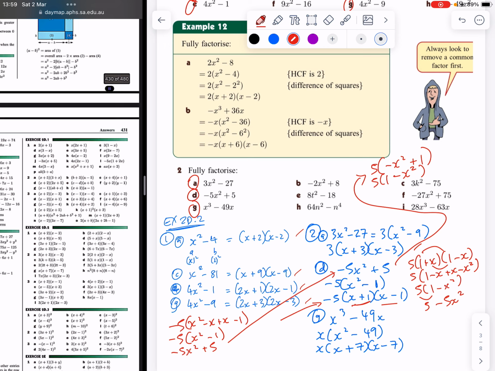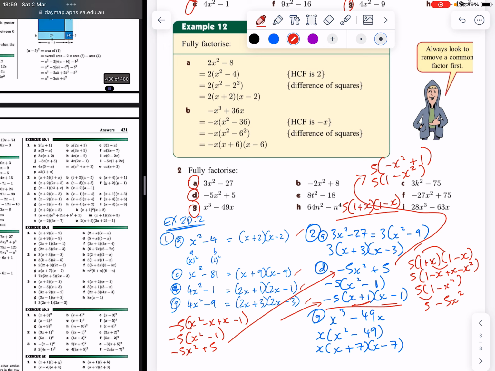What do I square to get 1? 1. What do I square to get x squared? X. So 1 plus x, 1 take x. So this is just as good as mine, they're both the same.